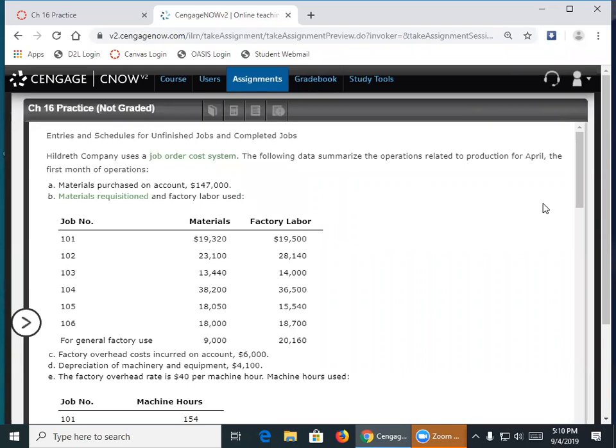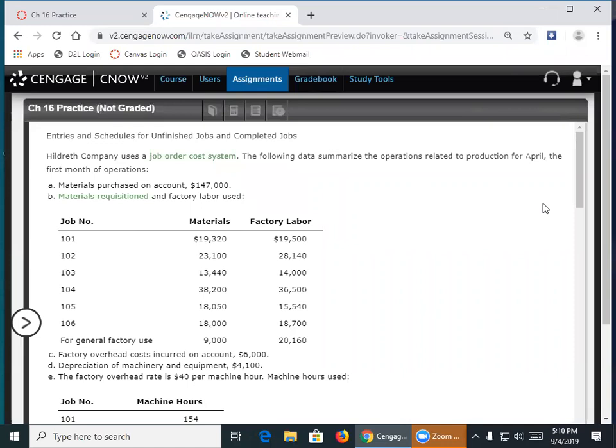So 29,160 is indirect materials and indirect labor. Again, they just combined it. So actual overhead, we didn't affect. Correct.